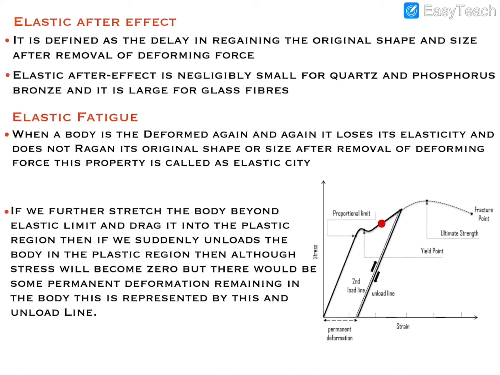So the stress will become zero, but that body will not regain its original shape and size, and there would be a permanent deformation left in that body. This permanent deformation and this unloading is represented by this unloading line.